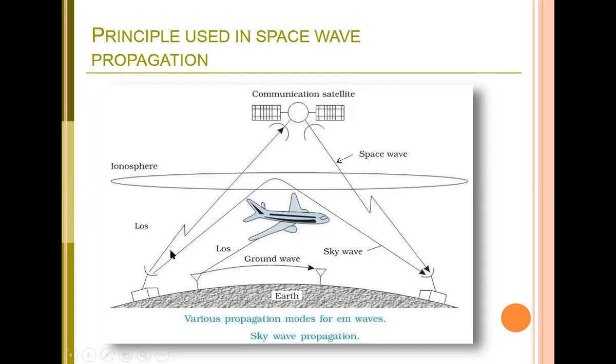Here you can see the ionosphere. Signal is sent to the ionospheric region and it is sent back. Shorter distance, ground wave. And from this plane to the antenna, you can visualize this plane to antenna. This is line of sight.